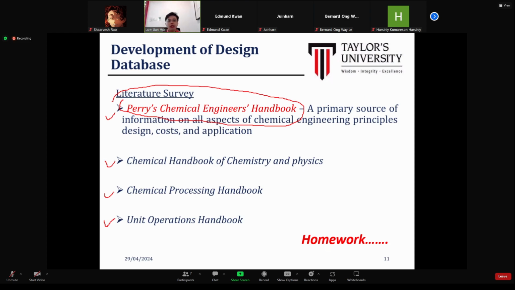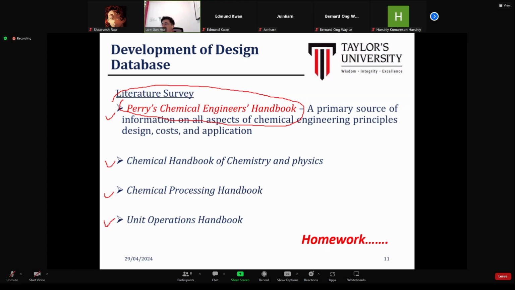This one is Perry's Chemical Engineers' Handbook. Inside the handbook there are a lot of fundamental properties of raw materials, a lot of relevant data that we can get from the first handbook, Perry's Chemical Engineers' Handbook.